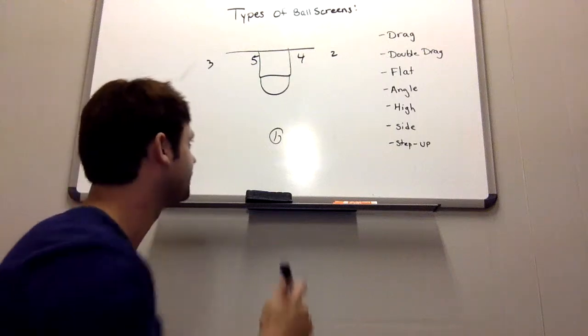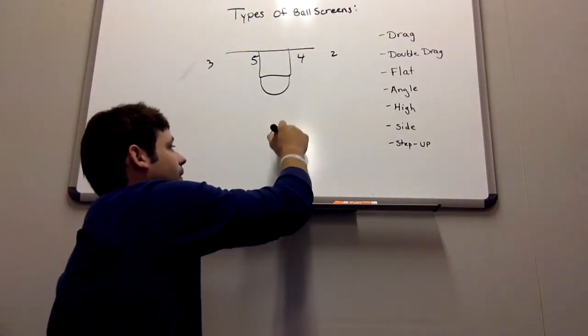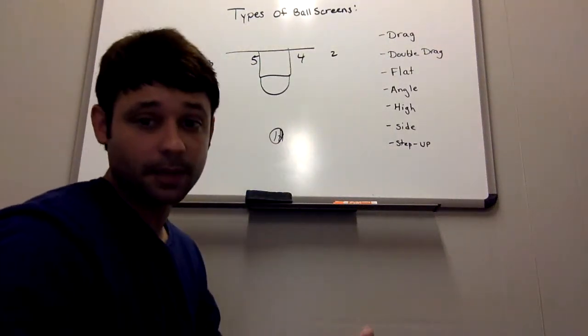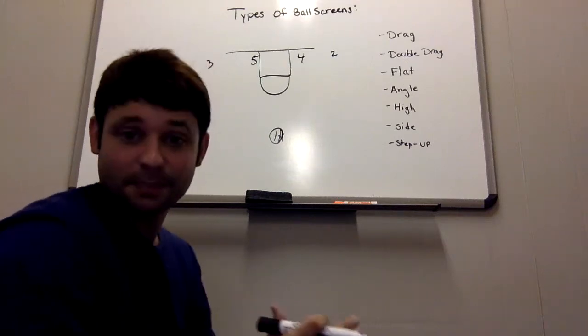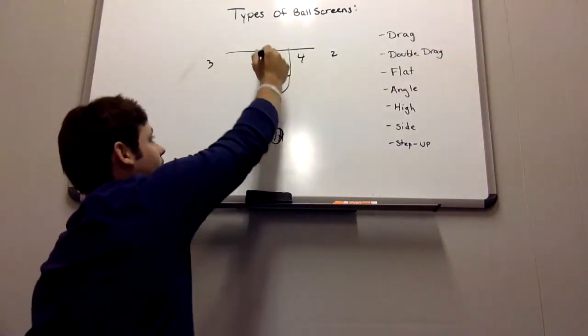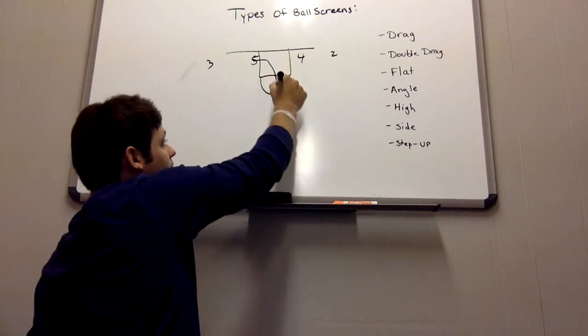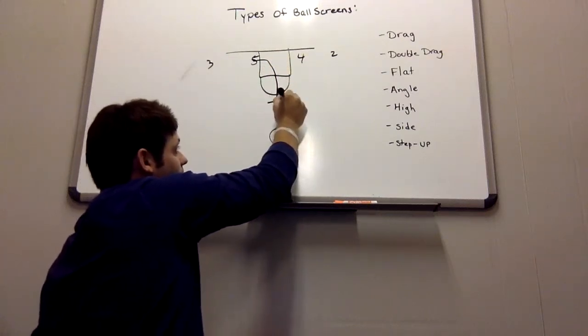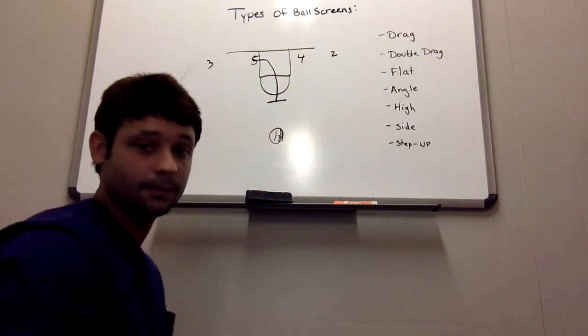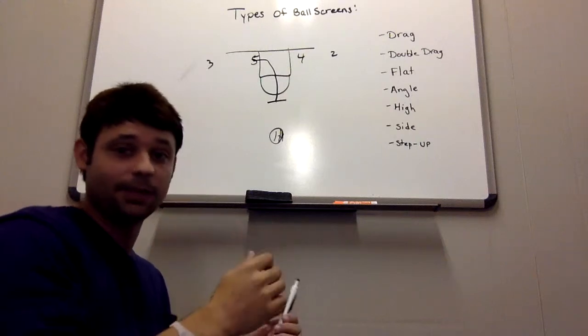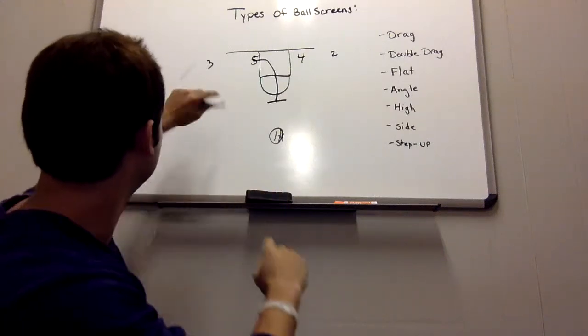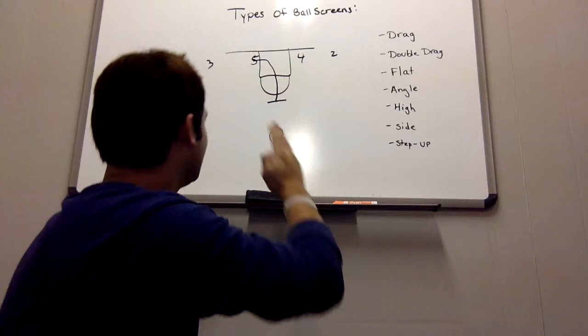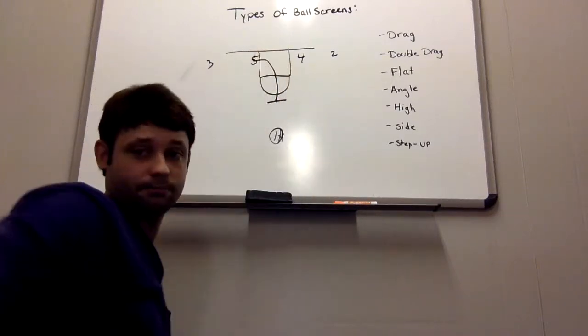So all we do, guys, is let our 1, which is usually our best playmaker, best ball handler, best passer, bring our 5, and we set a flat screen. He doesn't angle. He doesn't look over here. His tail is identical with the rim.